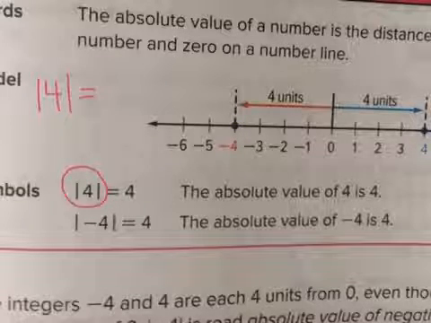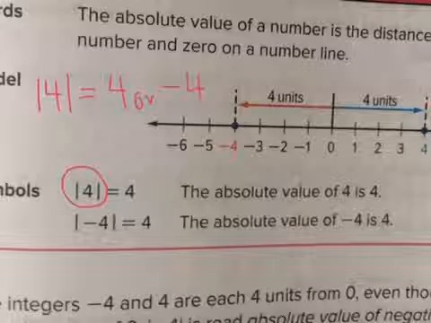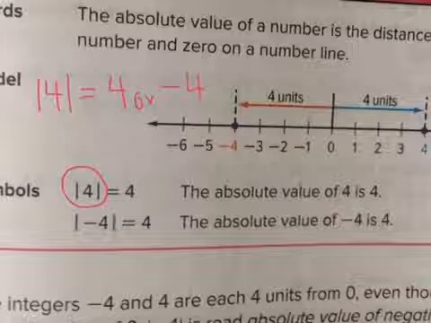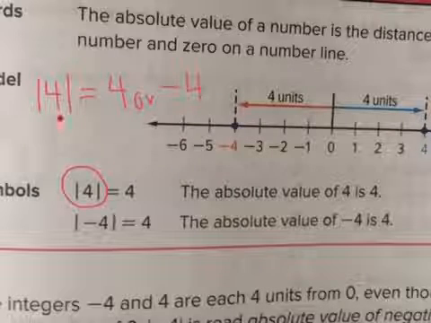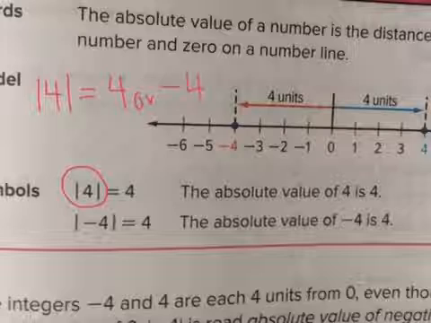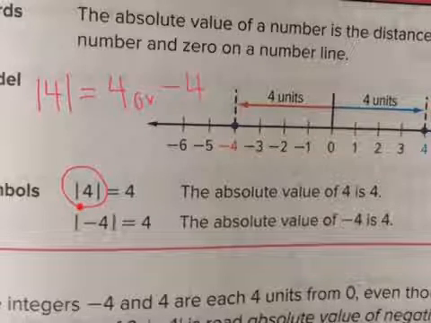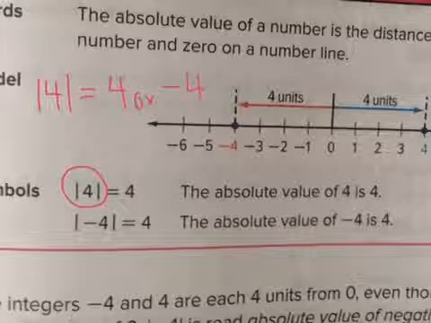Absolute value can be either 4 or -4, because this is simply saying that it's 4 away from 0. It doesn't say if it's negative or positive. It's just the distance of 4. So the absolute value of -4 is still 4, and the absolute value of +4 is still 4. These are both the same distance from 0.